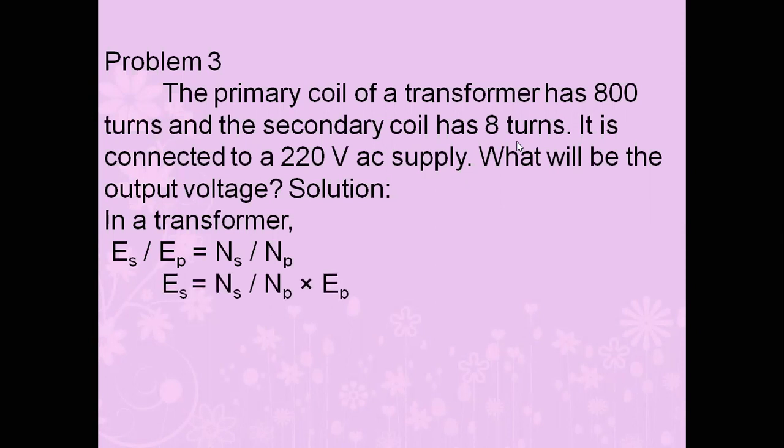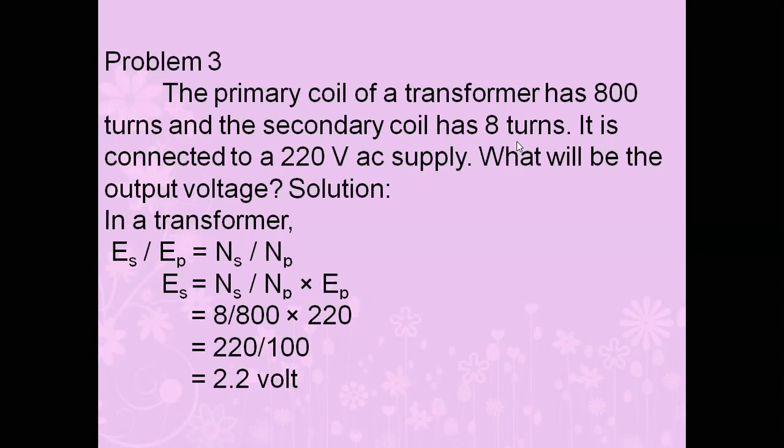So we find Es equal to Ns divided by Np into Ep. That is 8 divided by 800 into 220. So 220 divided by 100 equal to 2.2 volt. The output voltage is 2.2 volt.